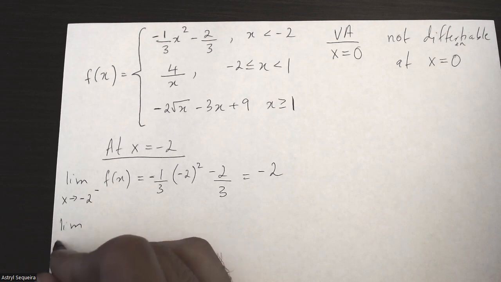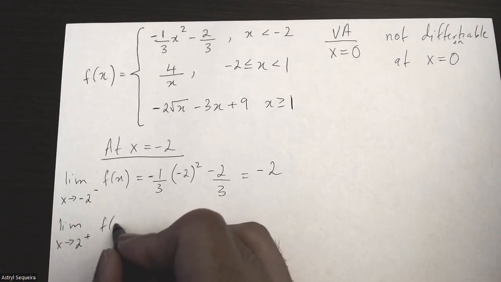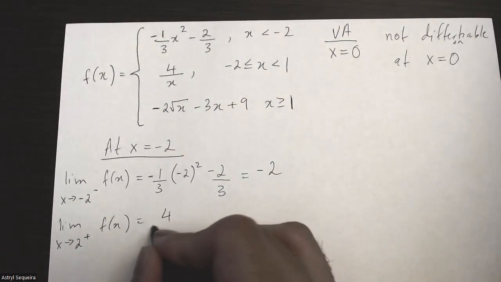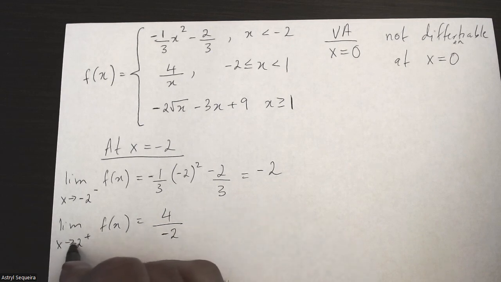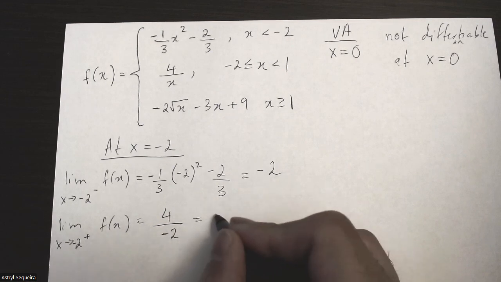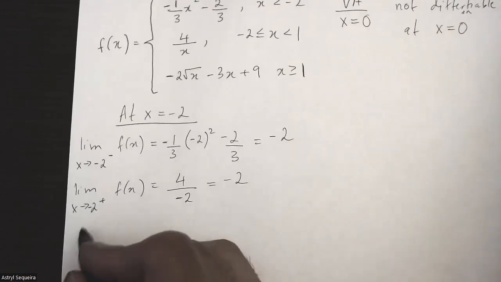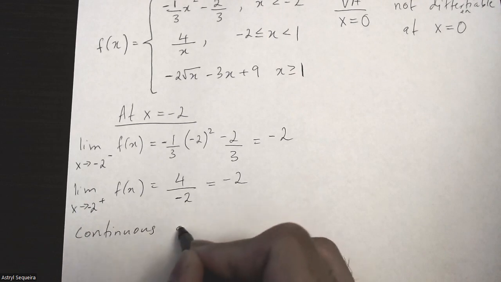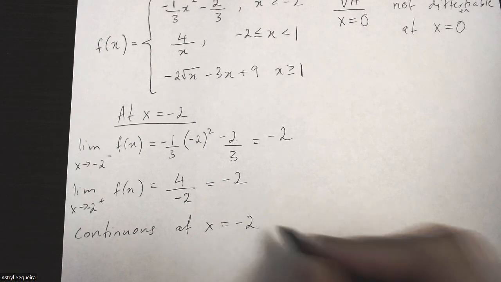Then I will test the right-sided limit. The limit as x approaches -2 from the positive side, f of x, is this second function, 4 over -2, that's also -2. Since the left-sided and right-sided limits are the same, the function is continuous at x equals -2.